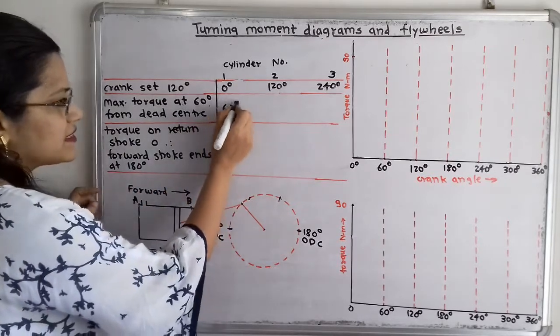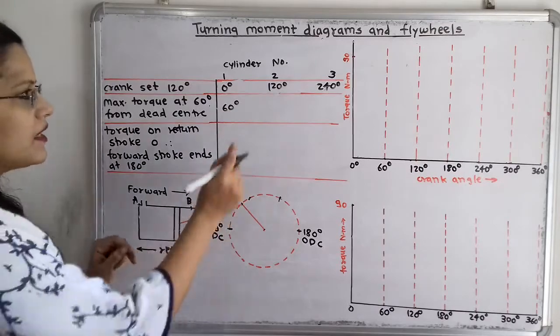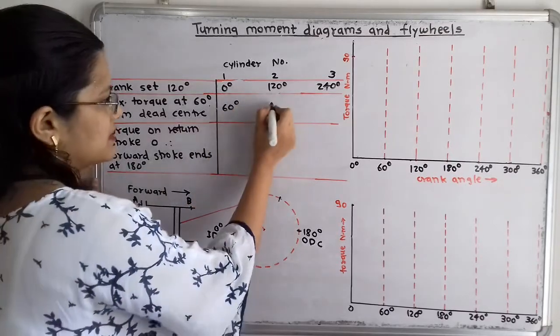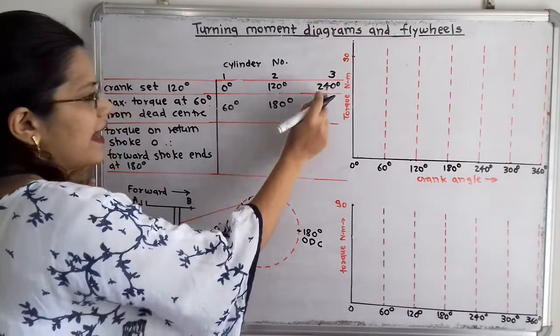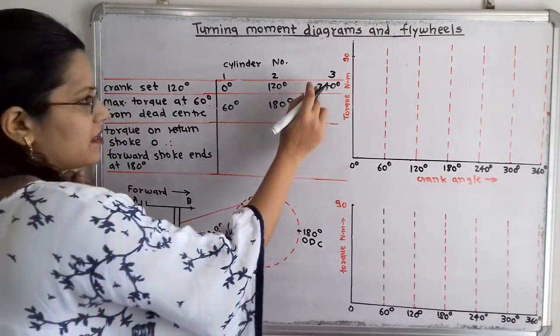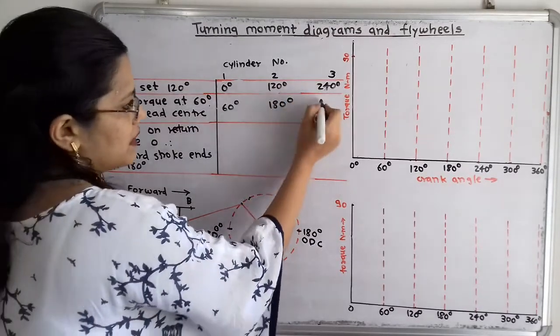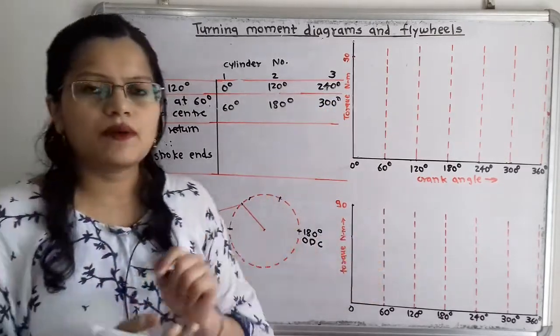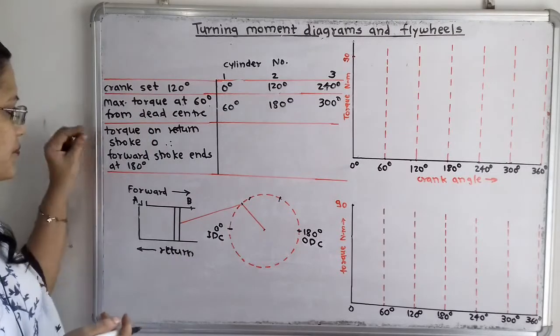So at 60 degrees the maximum torque is developed. For the second cylinder we add 120 plus 60, that is 180 degrees, and for the third cylinder 240 plus 60, that is 300 degrees. So at 300 degrees the maximum torque is developed.